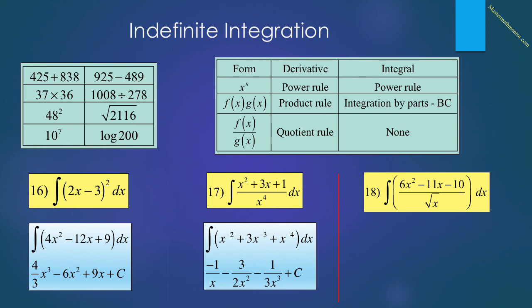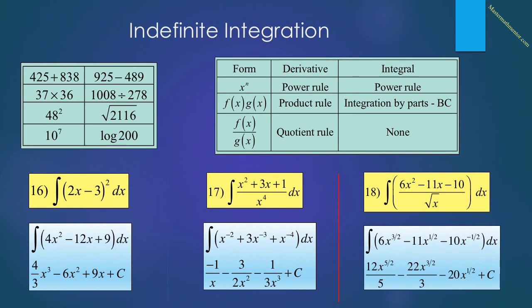And this becomes the integral of x squared over x to the 4th plus 3x over x to the 4th plus 1 over x to the 4th, which is the integral of x to the negative 2nd plus 3x to the negative 3rd plus x to the negative 4th dx. Applying the power rule, we get negative 1 over x minus 3 over 2x squared minus 1 over 3x to the 3rd plus c.